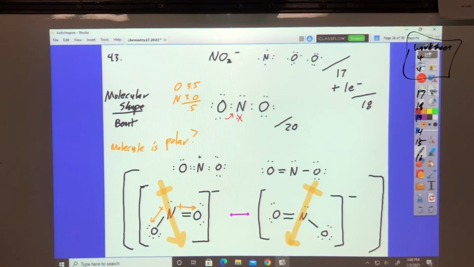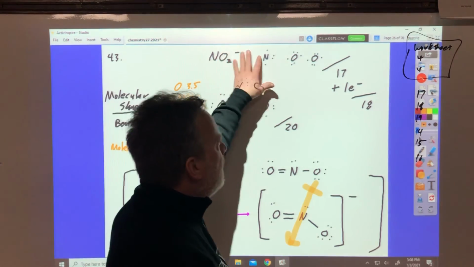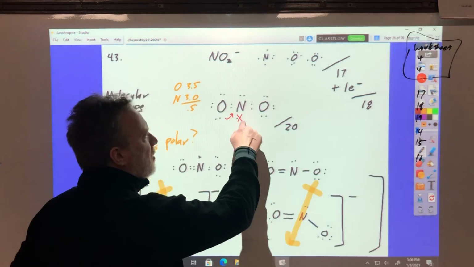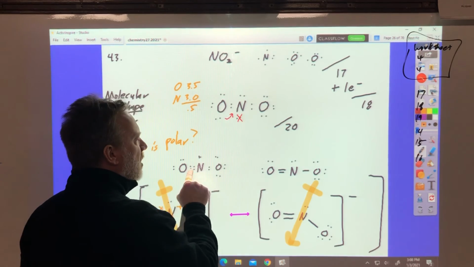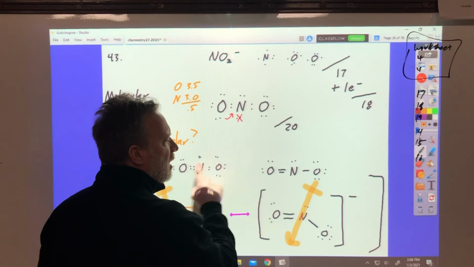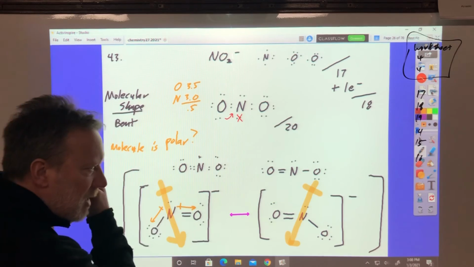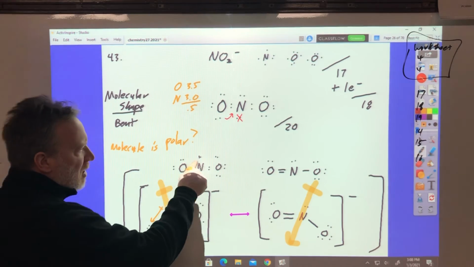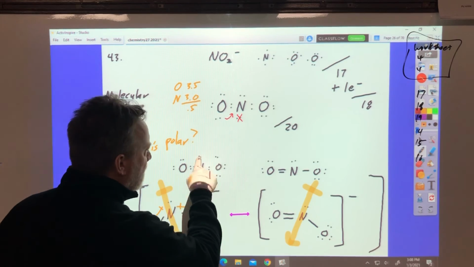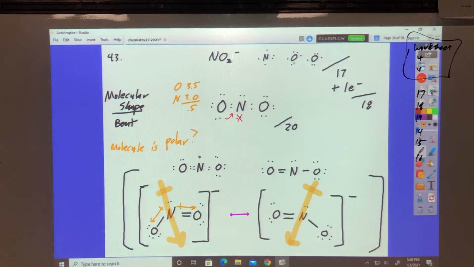Here's one, nitrite ion. Supposed to have 18 electrons. We end up removing a pair and moving a pair. And so it's alternatively either one of these in resonance. Because there's an electron pair right here, it's not drawn very good here. Let me try it again.